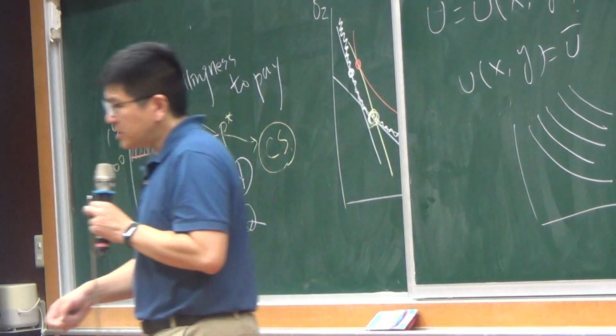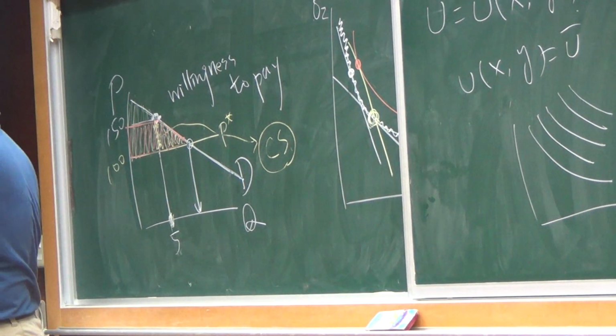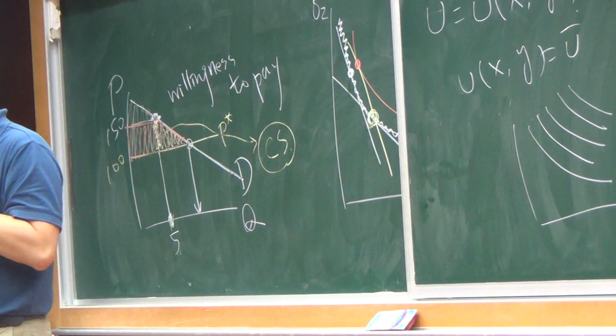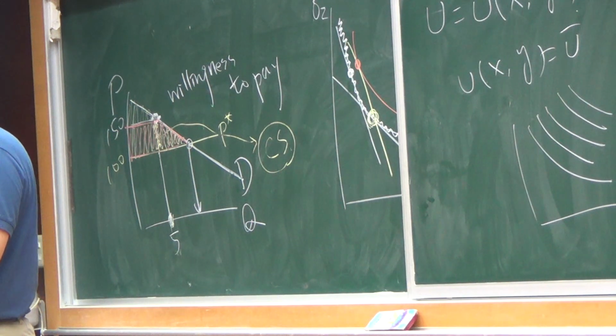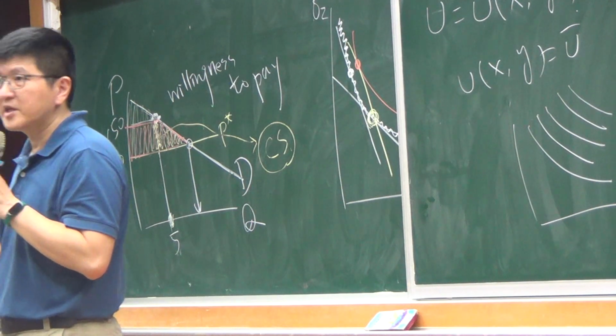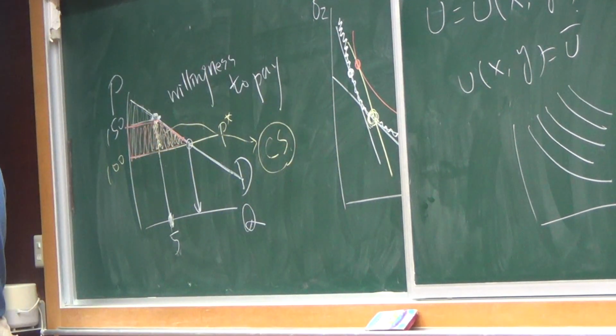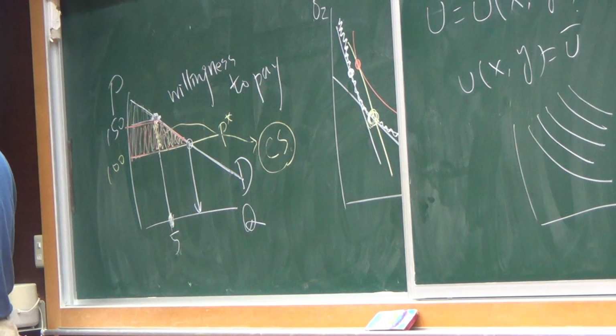So what can we do? We may need to use the compensated one, as I introduced to you last week. Yes, the Hicksian demand curve. Do you remember the Hicksian demand curve? So that the utility will be held constant. Okay? All right.